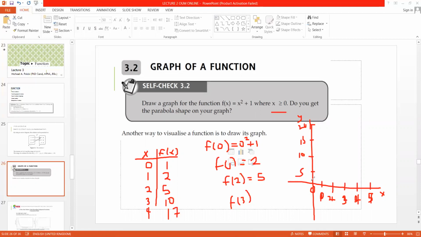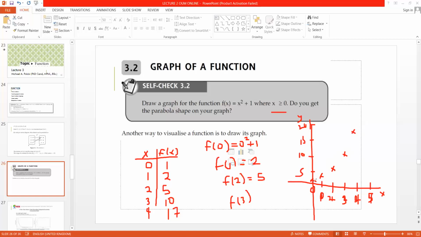Then we have 0, 1. We have 1, 2. We'll have 2, 5. 2, 5 going this way. We have 3, 10 going that way. And then we have 4, 17. So 4, 17 will go that way.